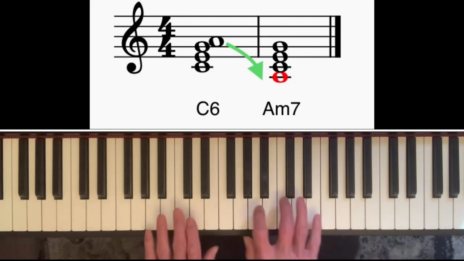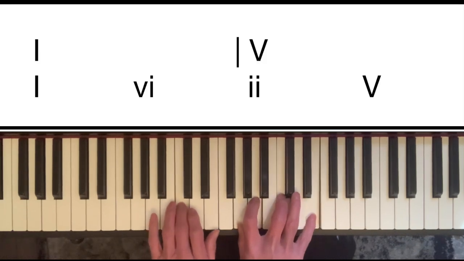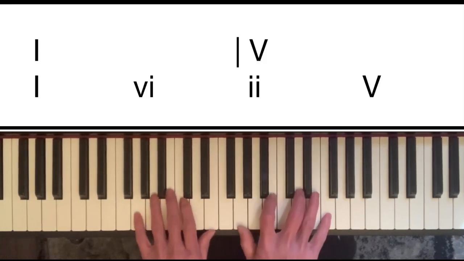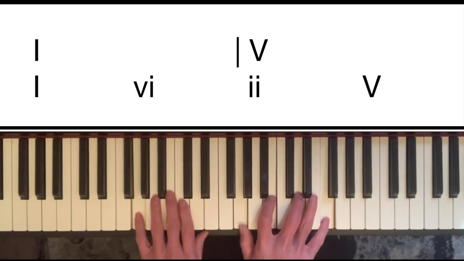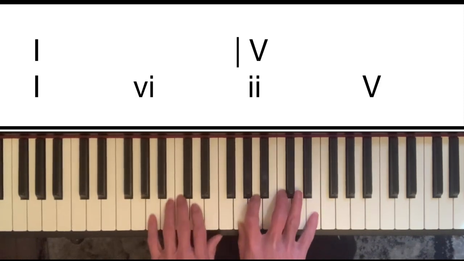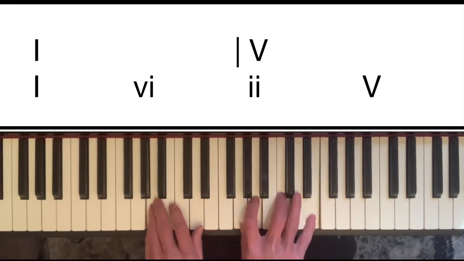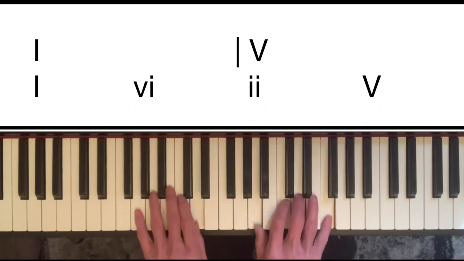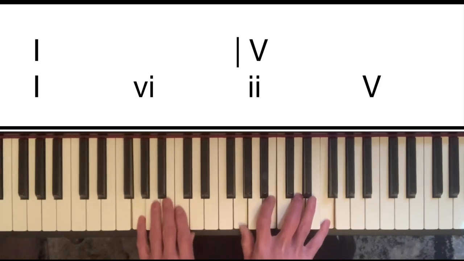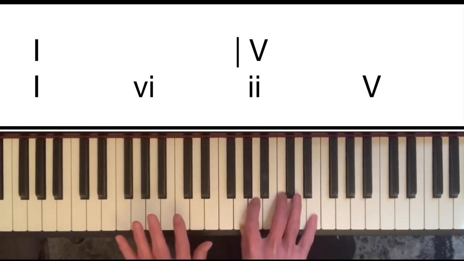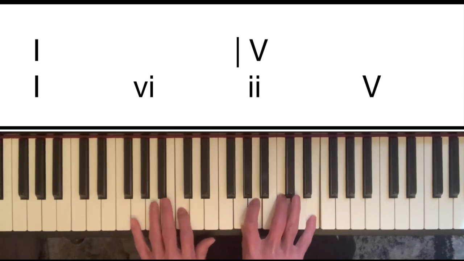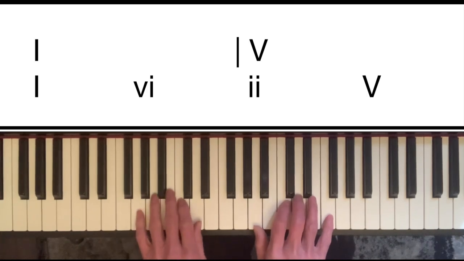So in other words, if you had, say, a bar of C6, 1, 2, 3, 4, going on to G7, 1, 2, 3, 4, you can always substitute that with 1, 2 on C6, 3, 4 on A minor 7, 1, 2 on D minor 7, and 3, 4 on G7. Now, you're probably thinking, right, well, yeah, C6 and A minor 7 contain the same notes. How come that D minor 7 doesn't have the same notes as G7?